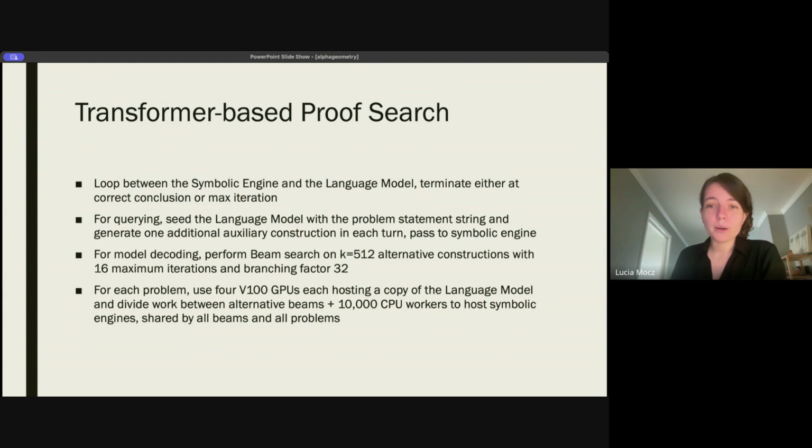So what they do for model decoding is they perform a beam search on 512 alternative constructions at every single step. They have 16 maximum iterations with a branching factor of 32. And this is a very computationally expensive procedure to be able to correctly deduce a problem. And so they run this on 4 V100 GPUs, each of which hosts a copy of the language model, and also 10,000 CPUs, which host the symbolic engines.